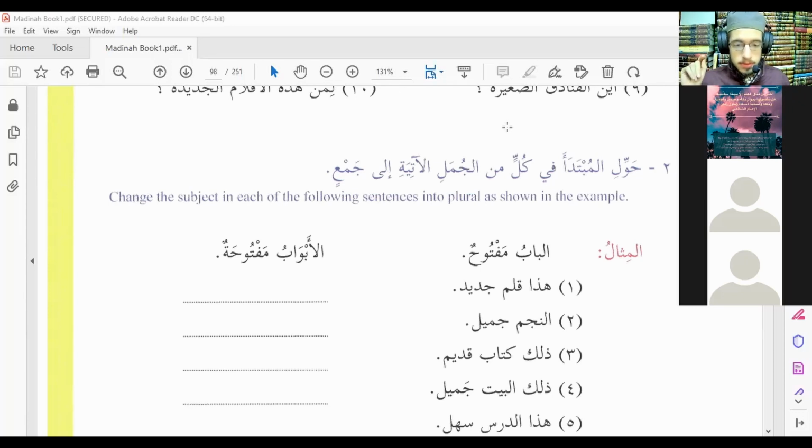When we have a group of non-human nouns, they're referred to with singular feminine pronouns, whether it's a demonstrative pronoun, hadihi or tilka, whether it is a subject pronoun, hiya, whether it is a possessive pronoun, ha, or even an object pronoun, ha. We're using singular feminine forms to refer to non-human groups.